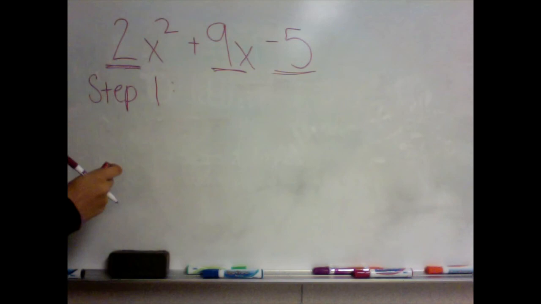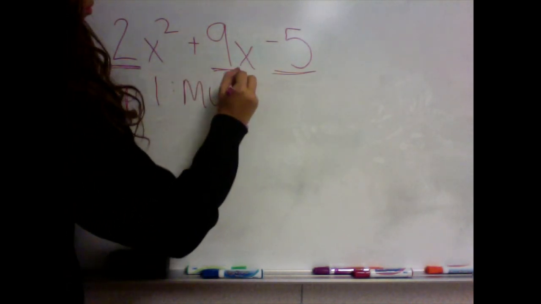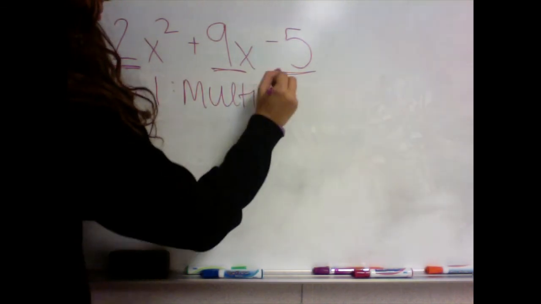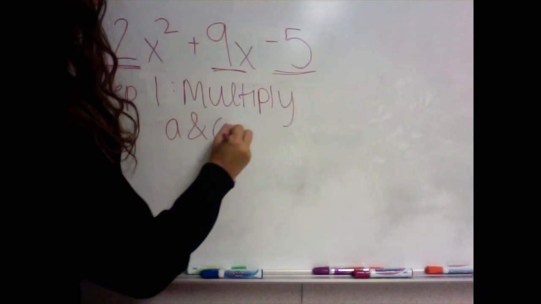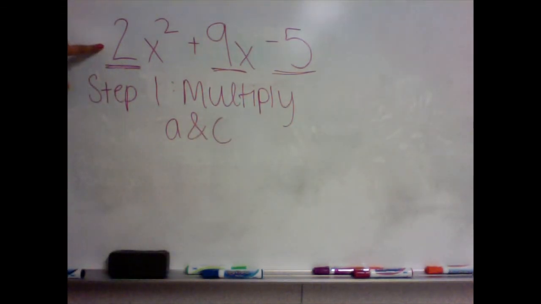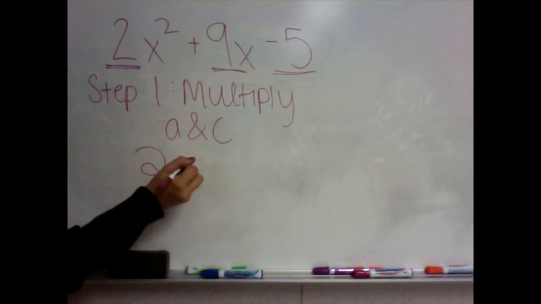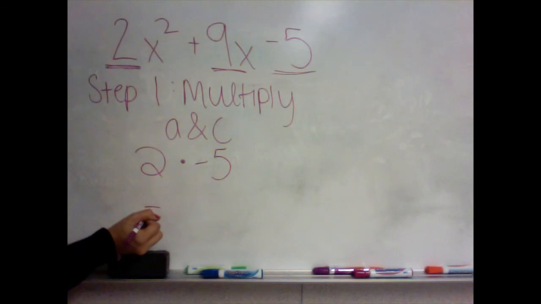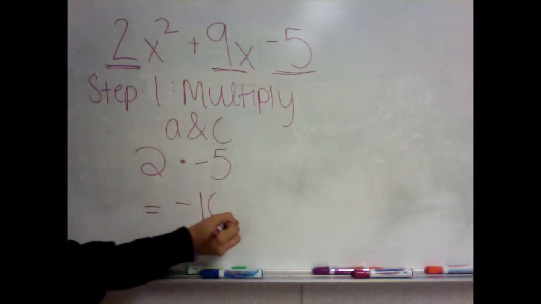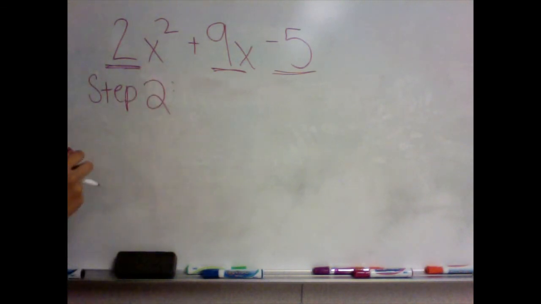Step 1. You're going to multiply A times C. A value is 2. C value is negative 5. 2 times negative 5 is negative 10. Step 2.